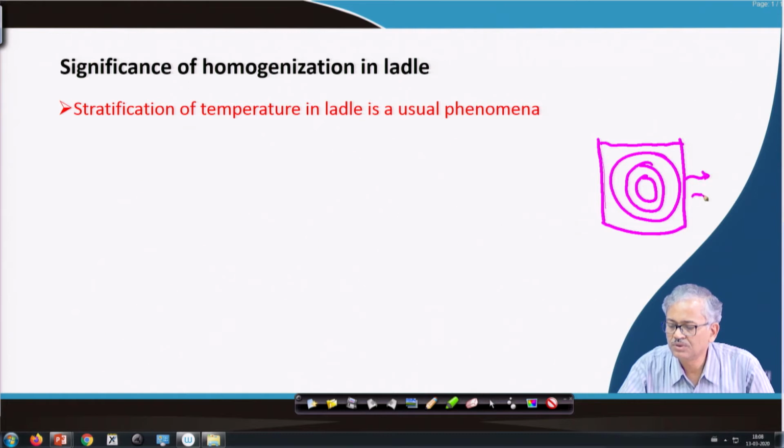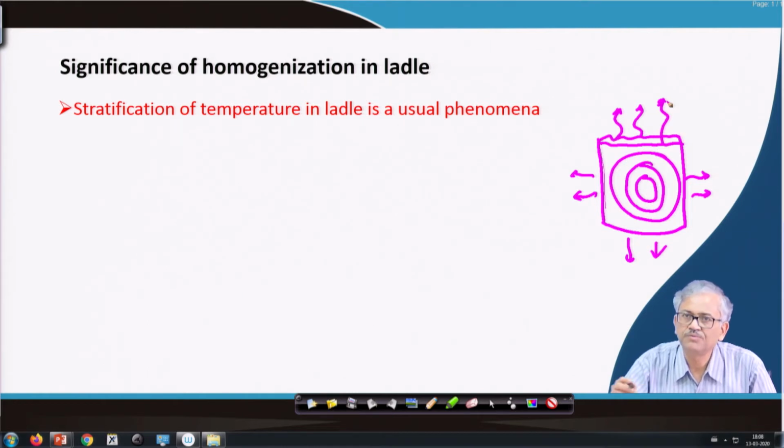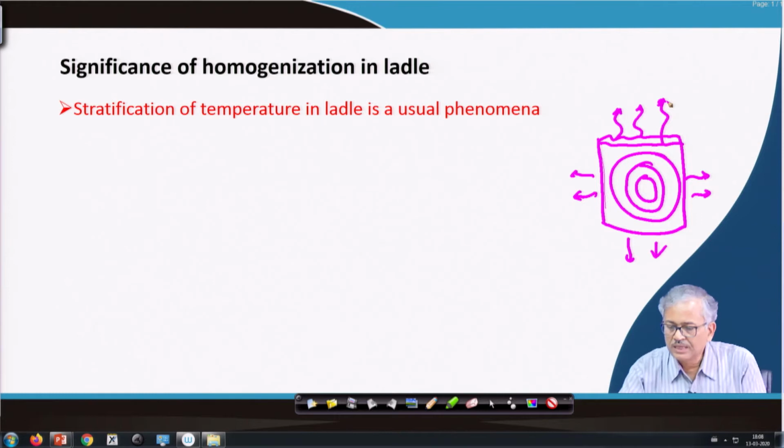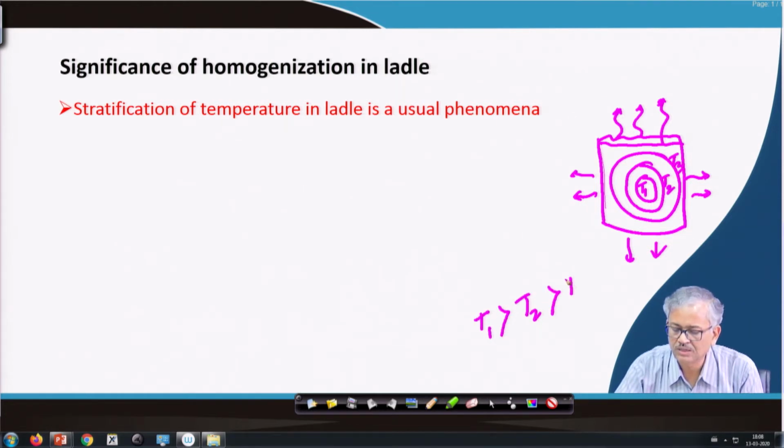Heat is lost from the wall like this, and everywhere, and from the top surface also, where you may have a slag layer. From here the heat will be lost. As a result, you will have this type of isotherm. This is T1, say, this is T2, this is T3, and obviously T1 is greater than T2, which is greater than T3.